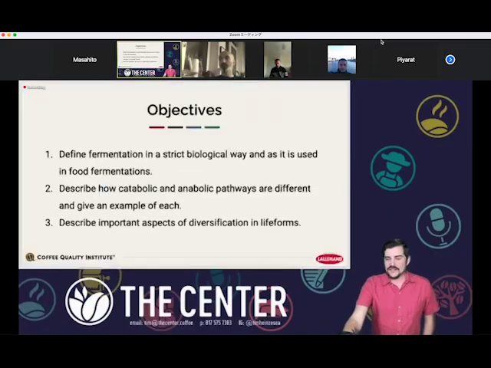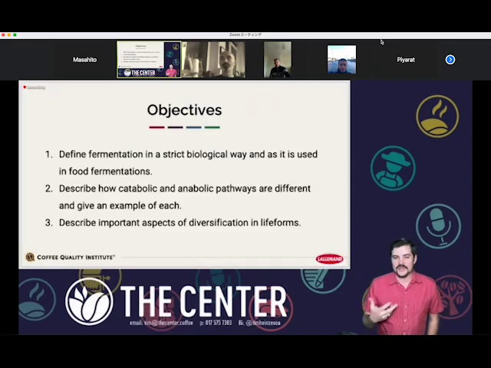So in this first lesson, we're going to define fermentation in a very strict biological way and see how it's used in food fermentations. We're going to talk about two different pathways, both catabolic and anabolic, and we'll give some examples of those. And then we're going to begin to talk about different life forms.